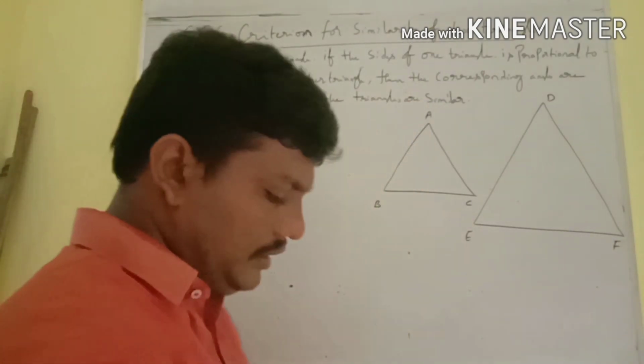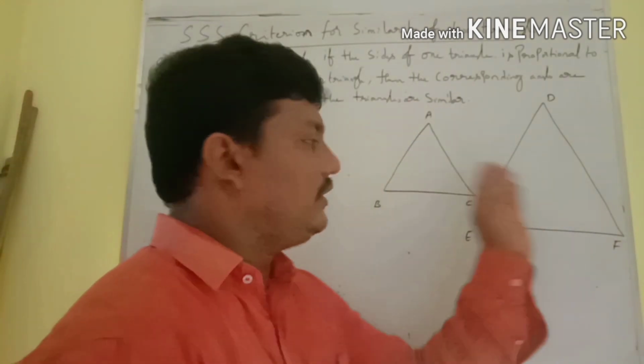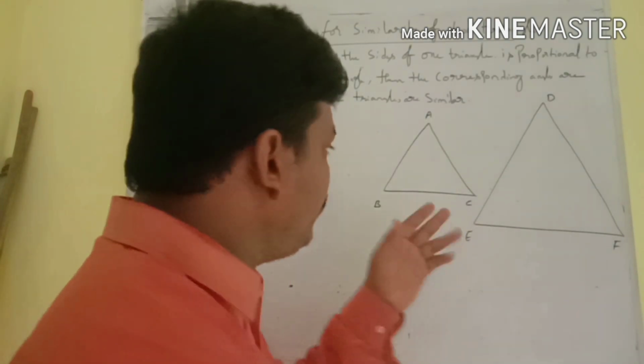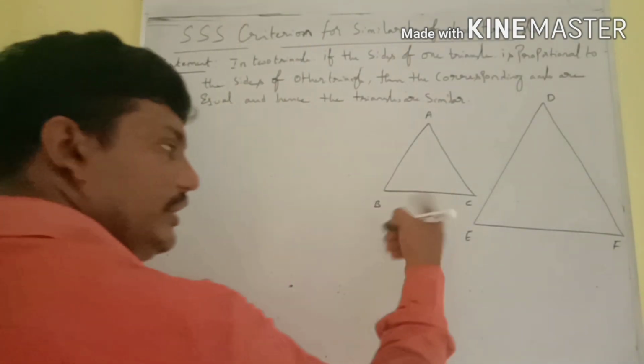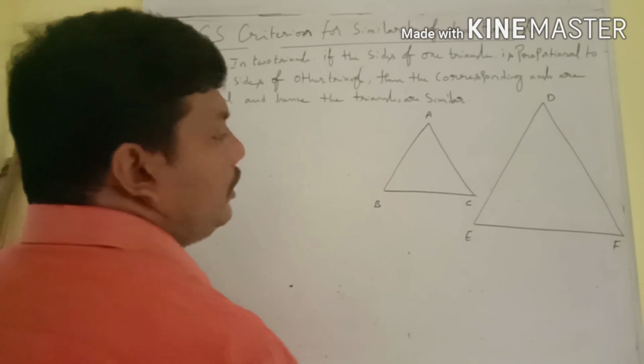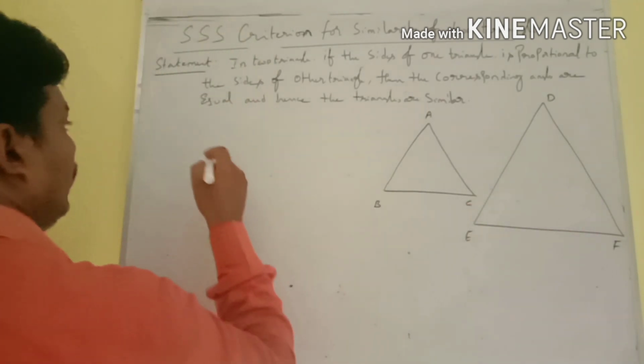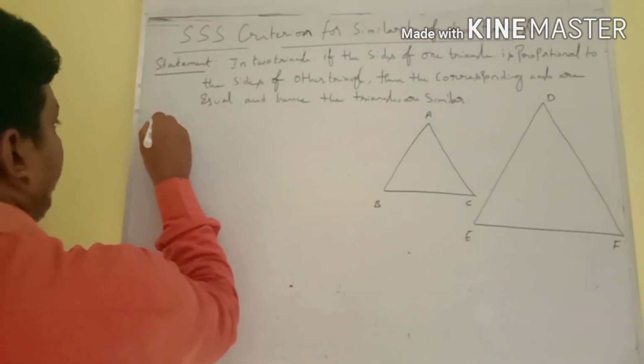If you observe this, the first triangle is smaller than the second triangle. This is called a diminished figure. The first triangle is a reduced figure of the second triangle. So what is given here?